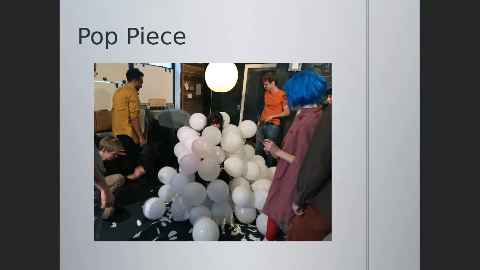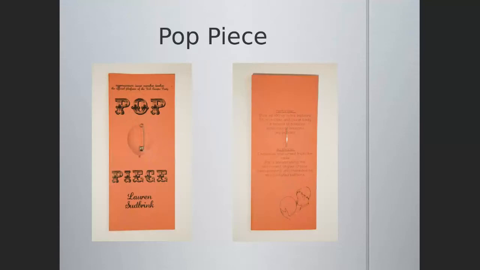So typically, whenever there is some sort of performative event or happening, there is some type of publication that goes along with it. In this case, this pamphlet was made, and on the back side are the instructions, which read: for the performer, blow up 100 or more balloons, sit on a chair, cover body in balloons, wait until all of the balloons are popped.